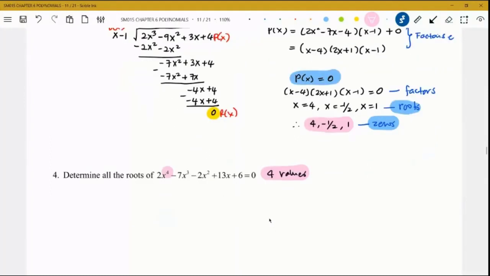The same thing, among negative 2, negative 1, 0, 1 and 2, among these 5 the easy ones. We substitute into x to determine whether the balance is 0 or not. Let's say I test negative 1. So P(negative 1), substitute into the x.